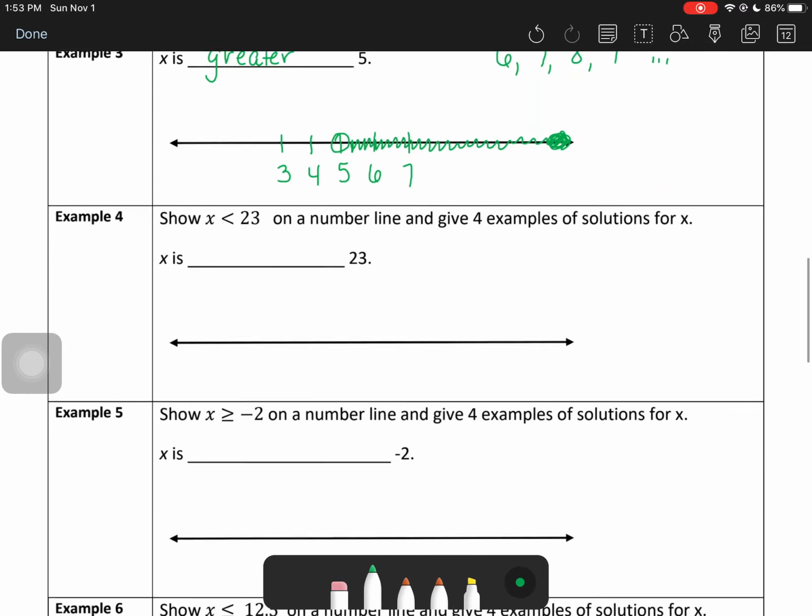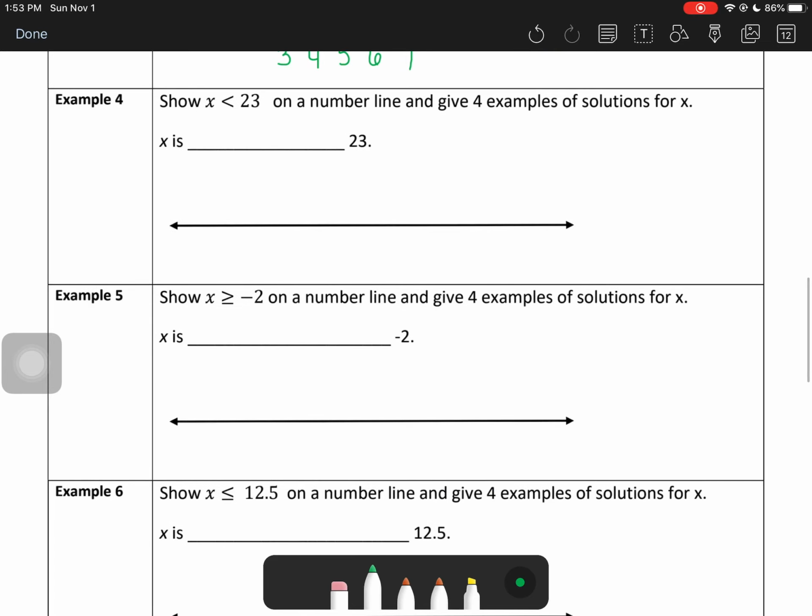In the next example, this symbol means less than 23. So we're going to make a tick mark at 23, and we're going to make a couple values going to the left, which are smaller, and a couple values going to the right, which are bigger.